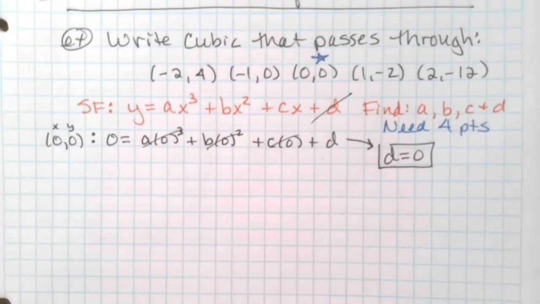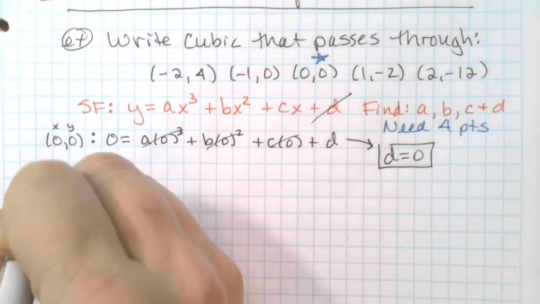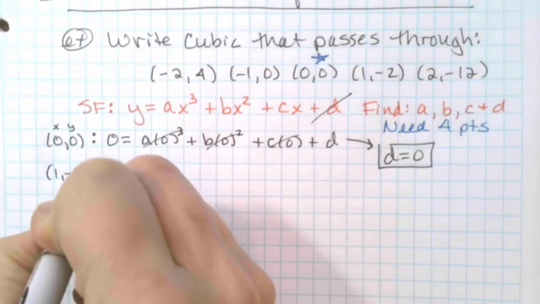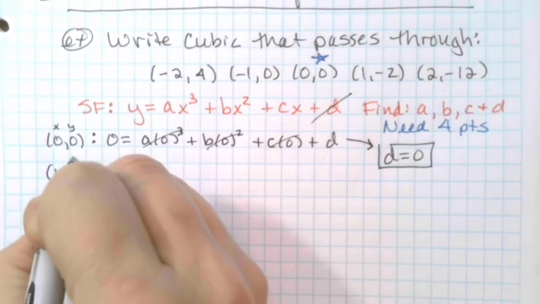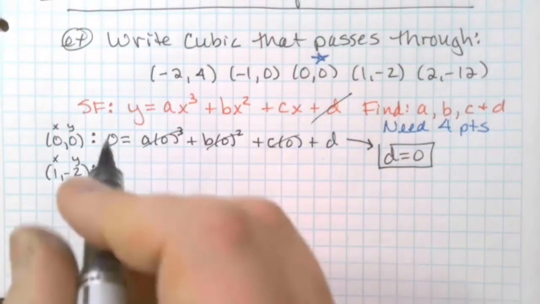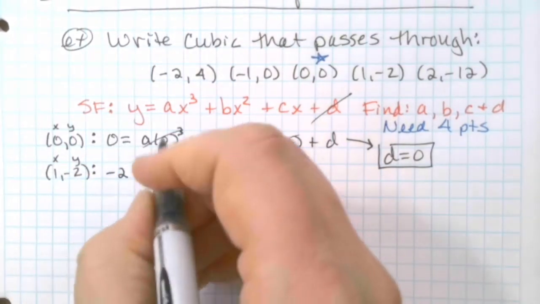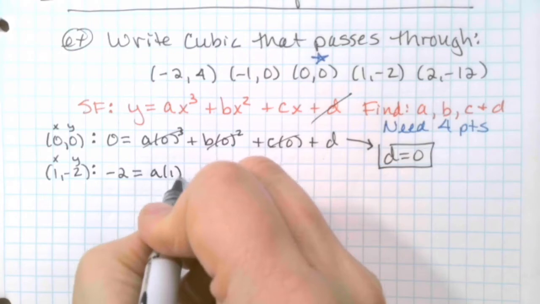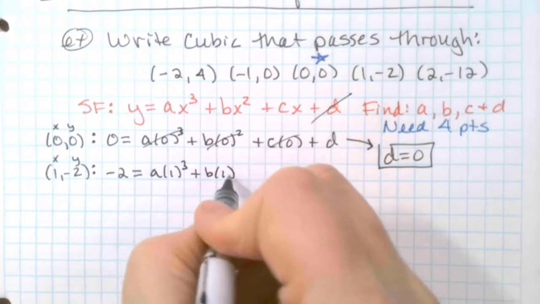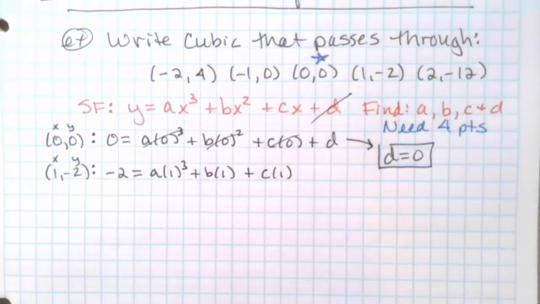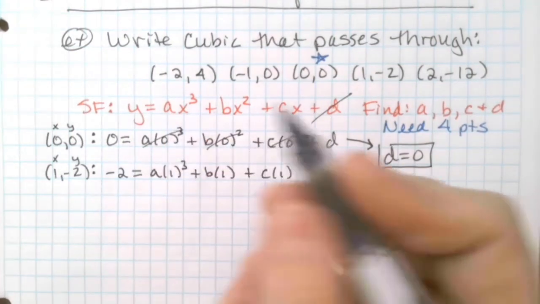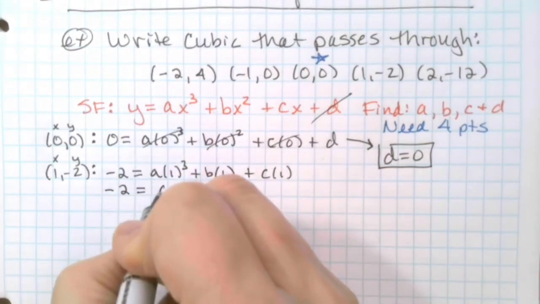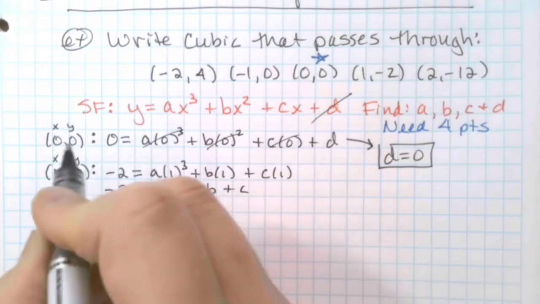Okay, let's pick another point. I picked the easiest ones I can, like (1, -2). So y is -2, x is 1. So -2 equals a times 1 cubed plus b times 1 plus c times 1, which is -2 equals a plus b plus c.